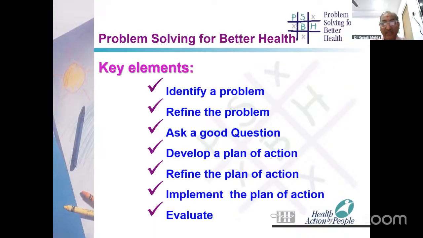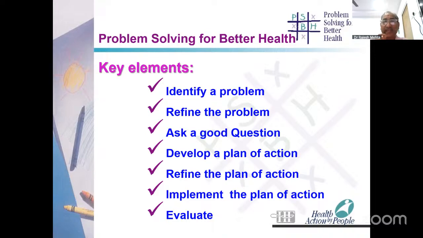And once they have a list of problems, they need to select one problem, and that problem they have to refine in a way so that a particular part of the problem they can take and try to solve. And once they try to solve it, they will make a plan, refine the plan, and actually do the things. I will give just one example.